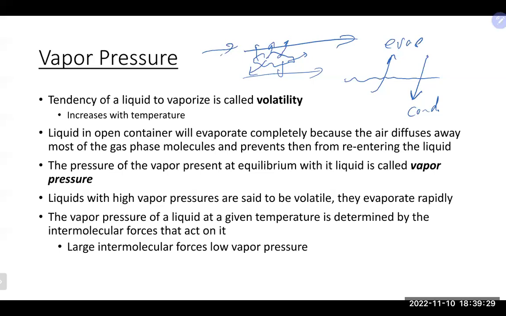Speaking of that, if you took your liquid and put it into a container and it was open, it would still eventually evaporate, but it would take a much longer period, because all these guys have to work up this way and you have a lot more volume. So there's not as much surface area exposed to air all at once. So it takes a much longer time for it to evaporate down.